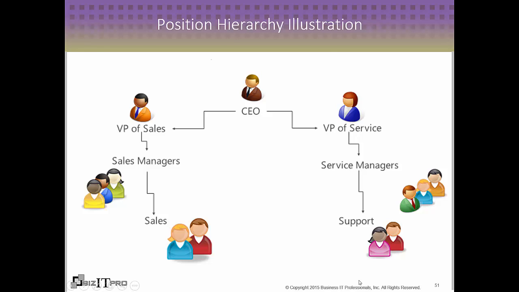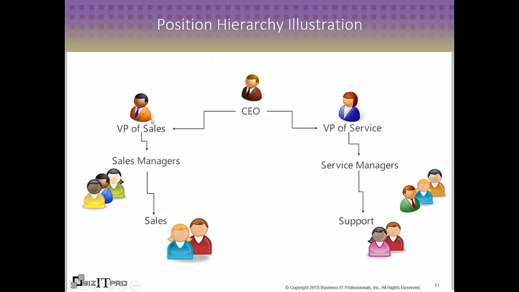So here's a position hierarchy illustration. We have the CEO, we have VP of Sales, and VP of Service. In this particular example, the sales managers have the sales manager position, and so they all can access the data of their direct reports.